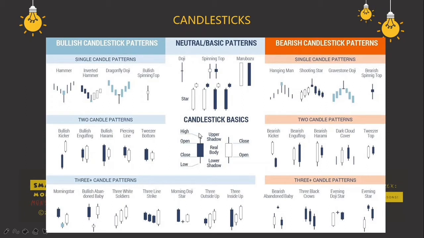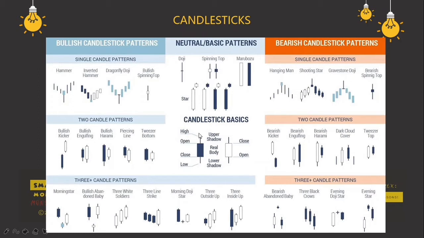When we say bull, bull is for price going up. Bullish, when we say bullish, price is going up, right?